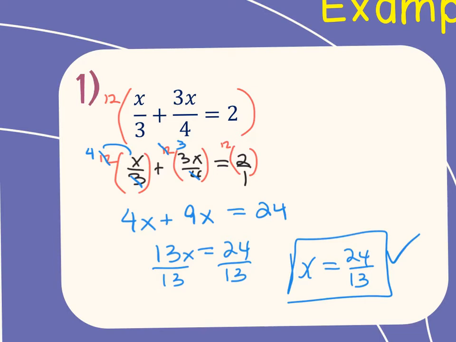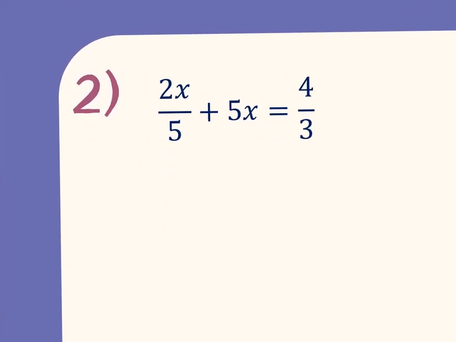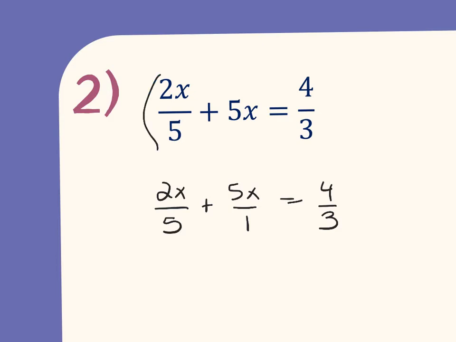Let's try number 2. Again, I'm going to rewrite the problem. I need to find the common denominator, or the least common multiple of each piece. And again, this time it's going to be a 15. So again, if you'd rather just write it and then distribute it to each one, you can do that.